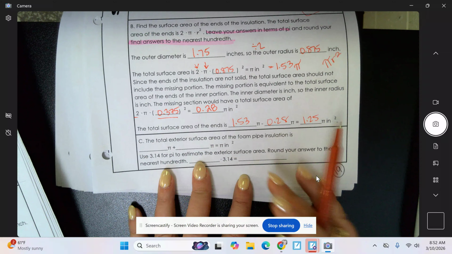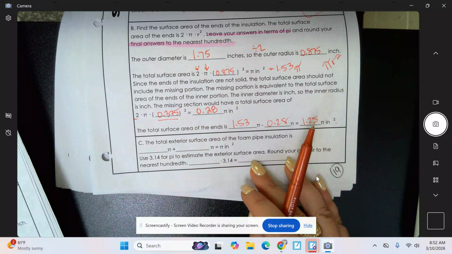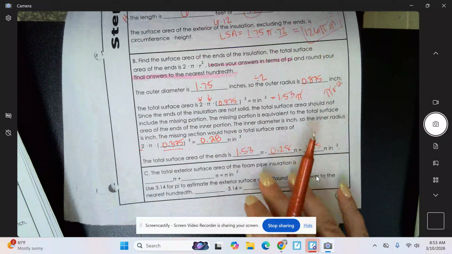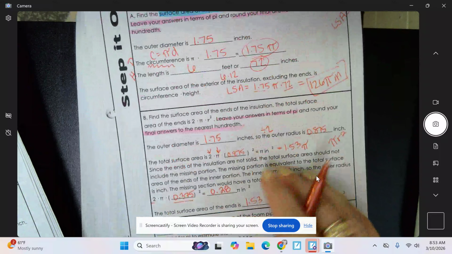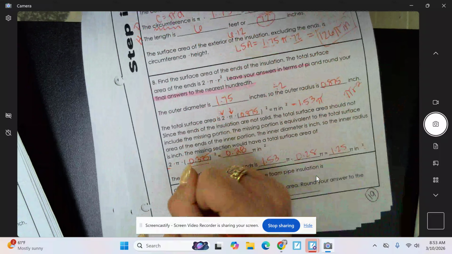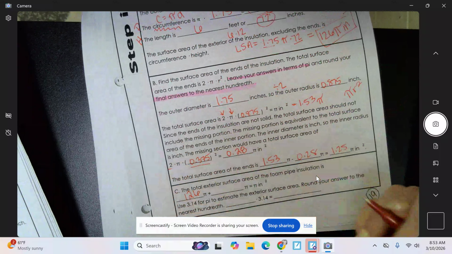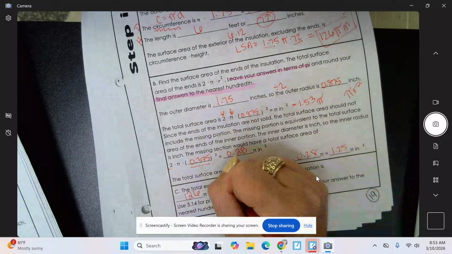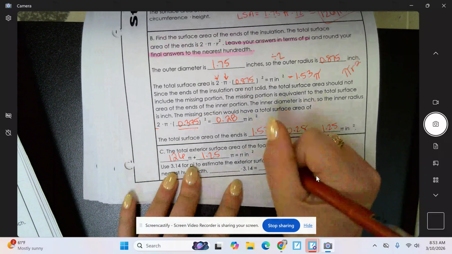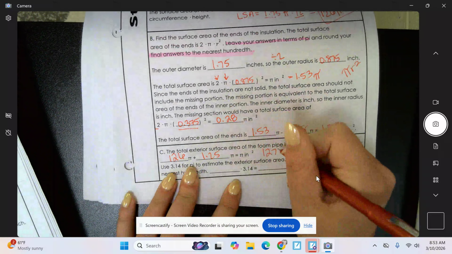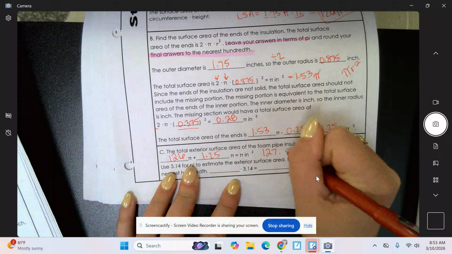So now we can take this part and add in our bases to get our total complete surface area. So we're going to take 126 pi plus our 1.25 pi, which is going to give me 0.25, yeah.